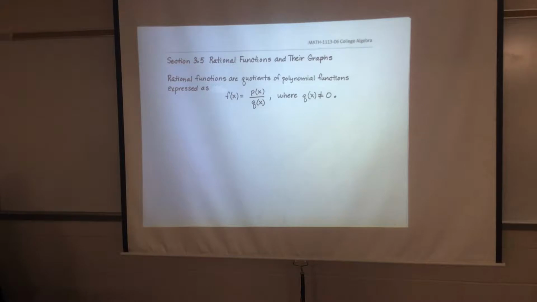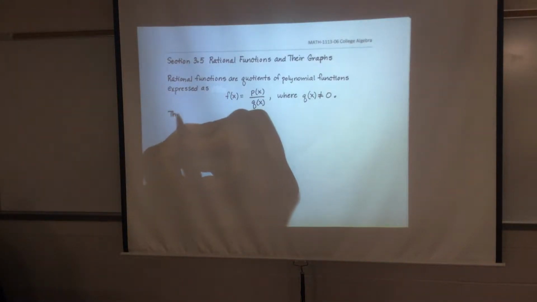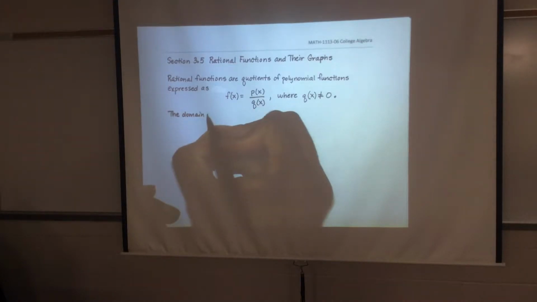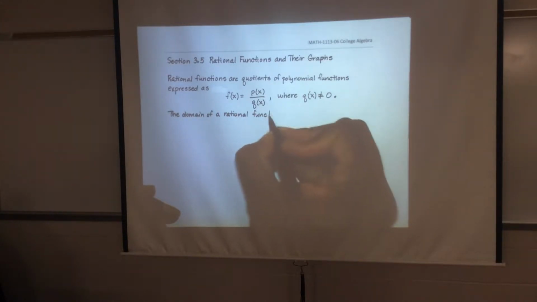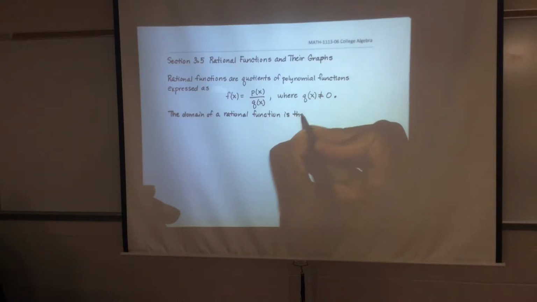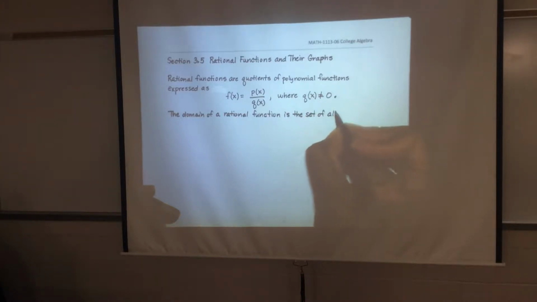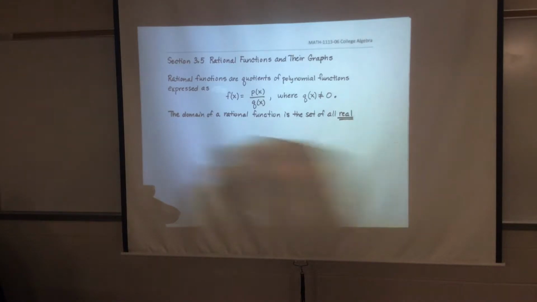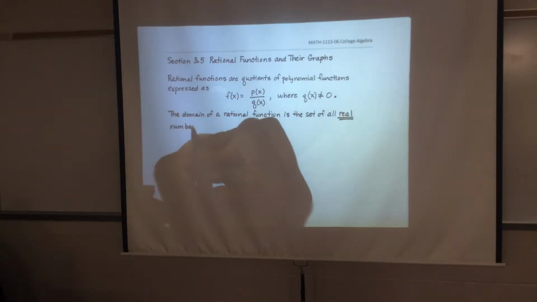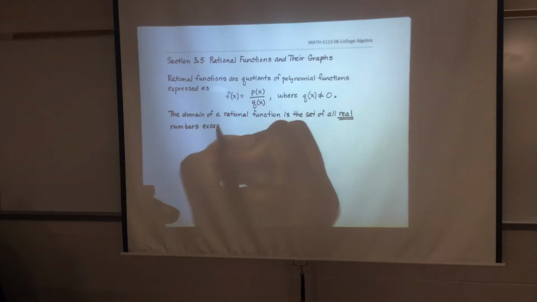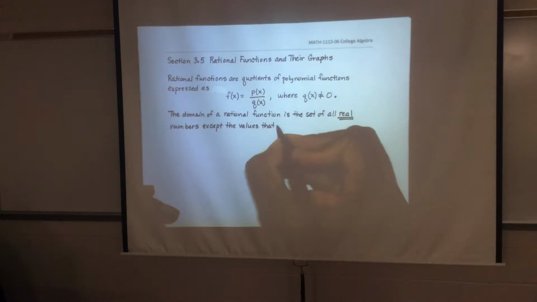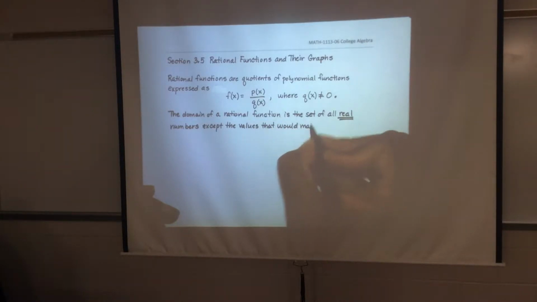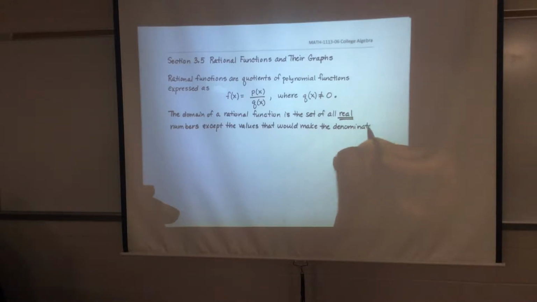So here, the domain of any rational function is the set of all, now I'm going to underline this word, real numbers, because in this case we're dealing with real numbers, except the values that would make the denominator zero.